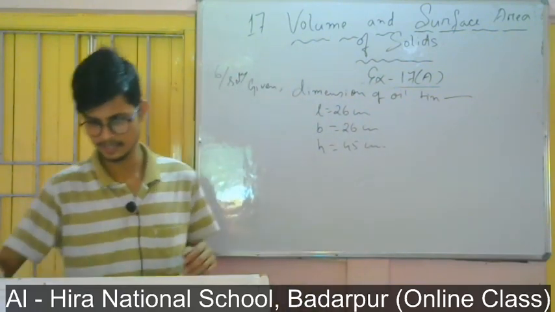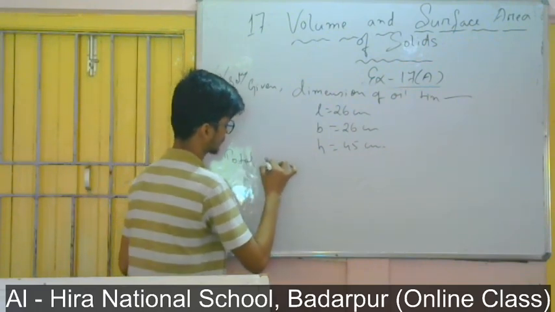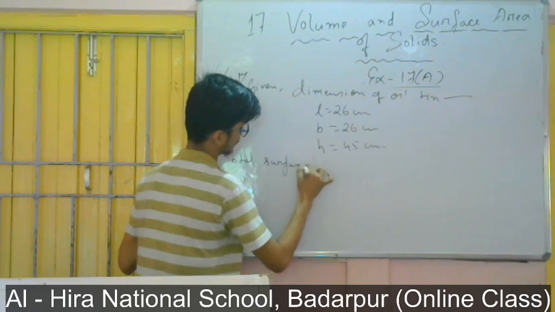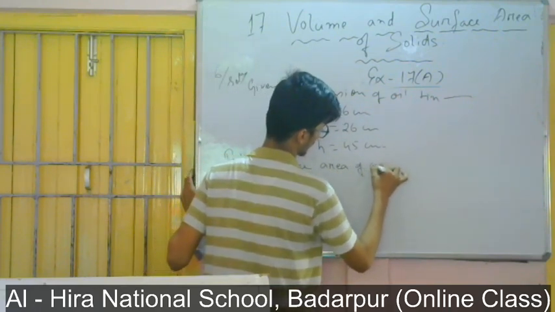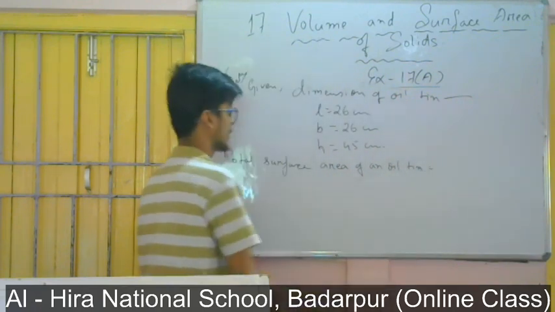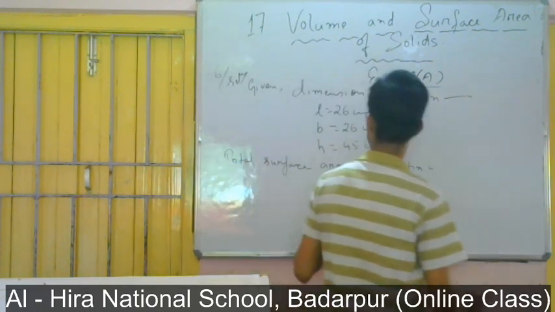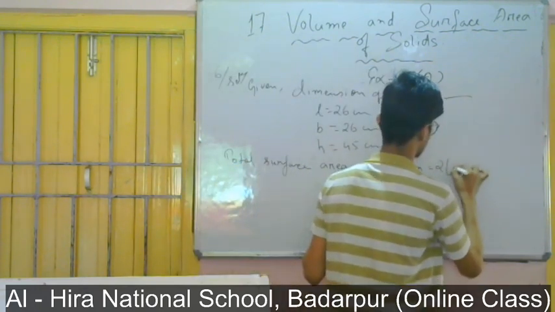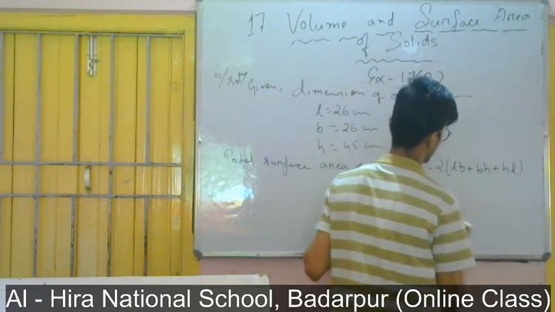So total surface area I have to find. Therefore total surface area of an oil tin, that means I am finding it for only one tin. Total surface area of an oil tin will be equals to 2 into LB plus BH plus HL.